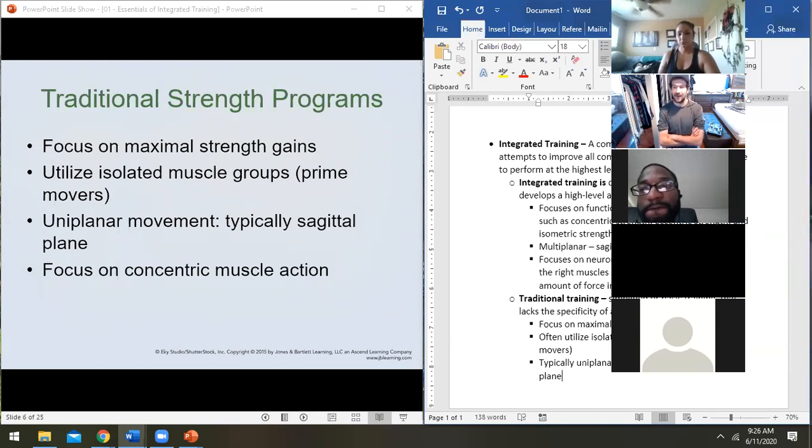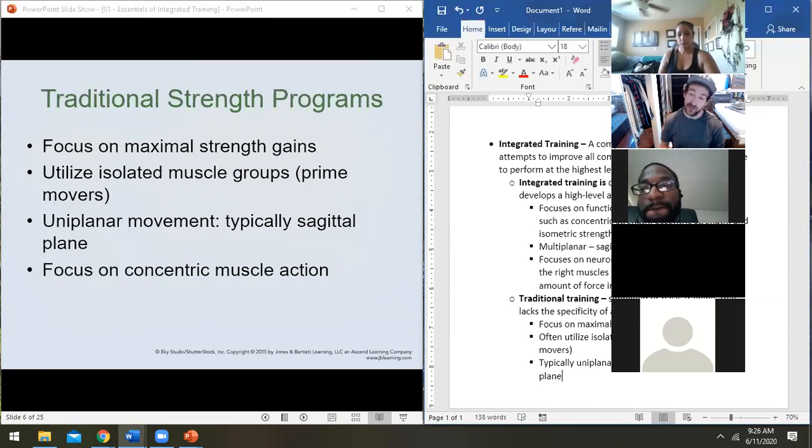I'll say, everybody name an exercise, and I'll go down the class. Usually out of an entire class of, let's say, 25 or 30 people, I will get one or maybe two frontal or transverse movements. It'll be crunches, barbell squat, lunges, you know, boom, boom, boom, sagittal, sagittal, sagittal, sagittal, sagittal.